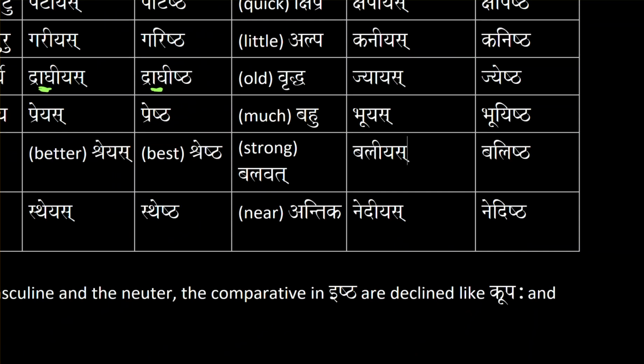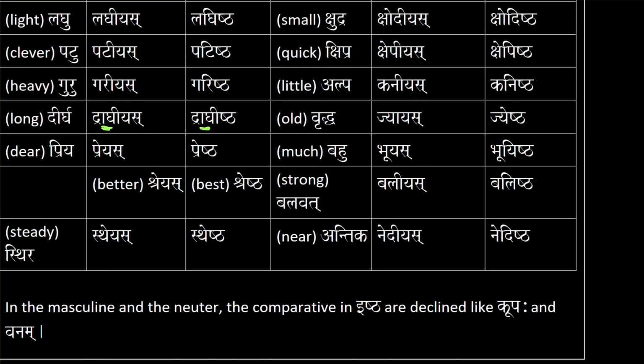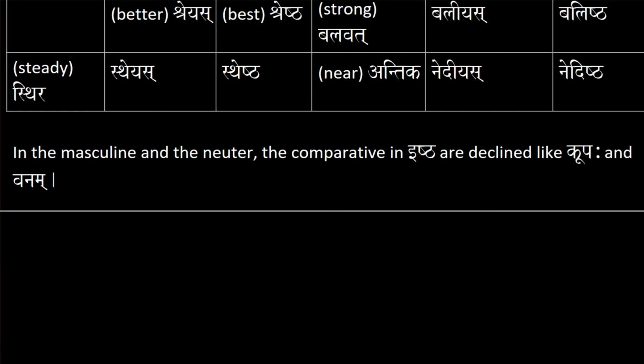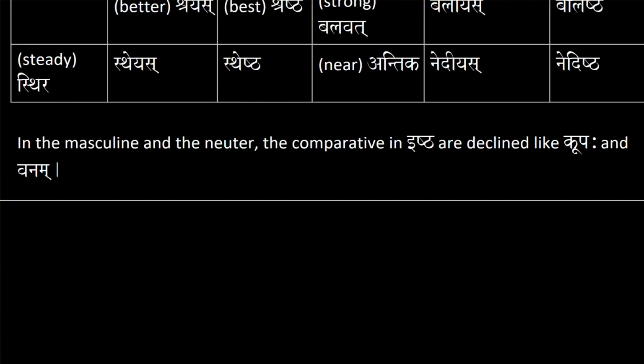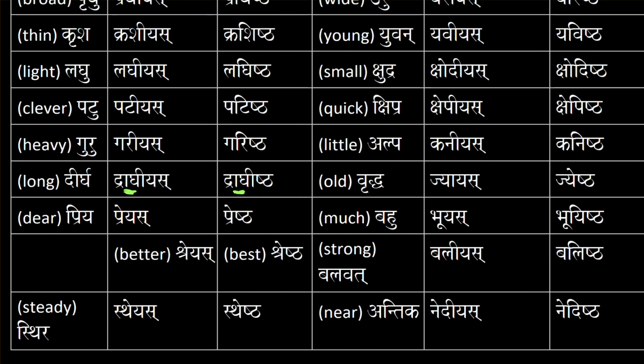So the way the comparative and superlative in ishtha are declined is that if it's masculine, you're going to decline it like kupaha, and if it is neuter, you're going to decline it like vanam.